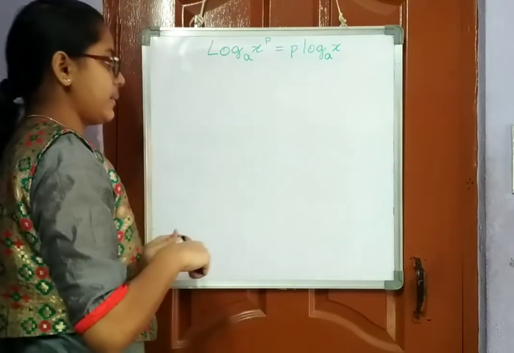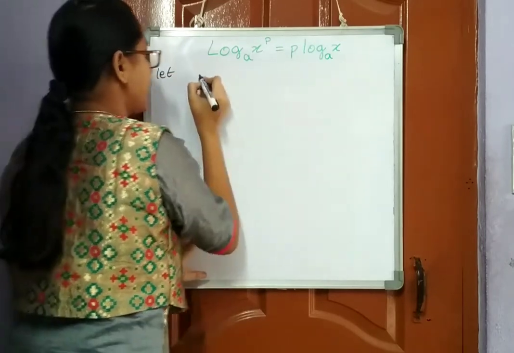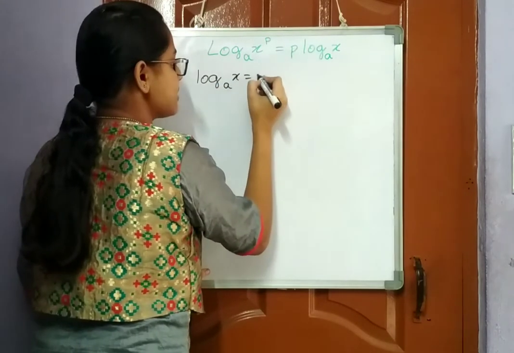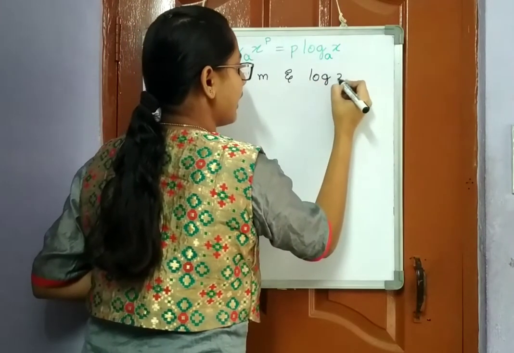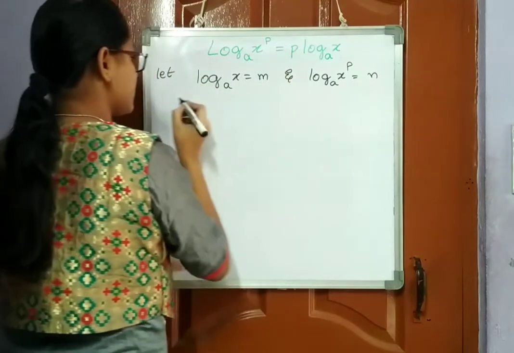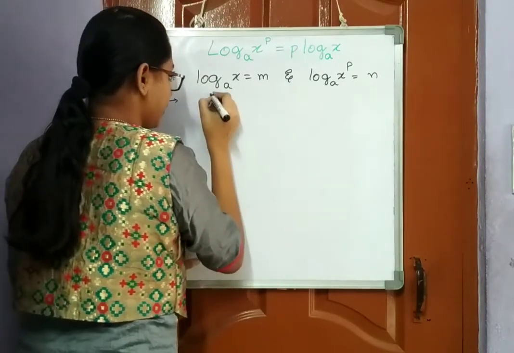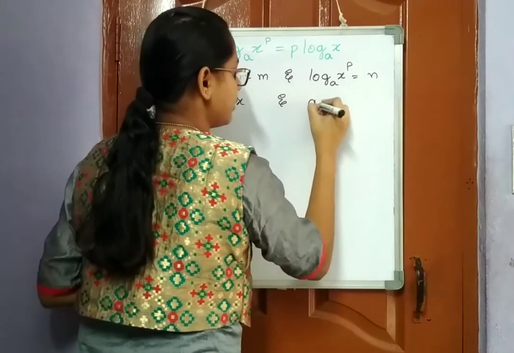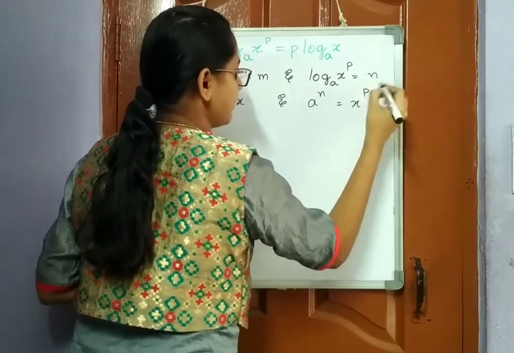Let's see the proof. Let us assume log x to the base a as m and log x to the power of p to the base a as n. So here, taking this into exponential form, it will be a to the power of m equals x and a to the power of n equals x to the power of p.